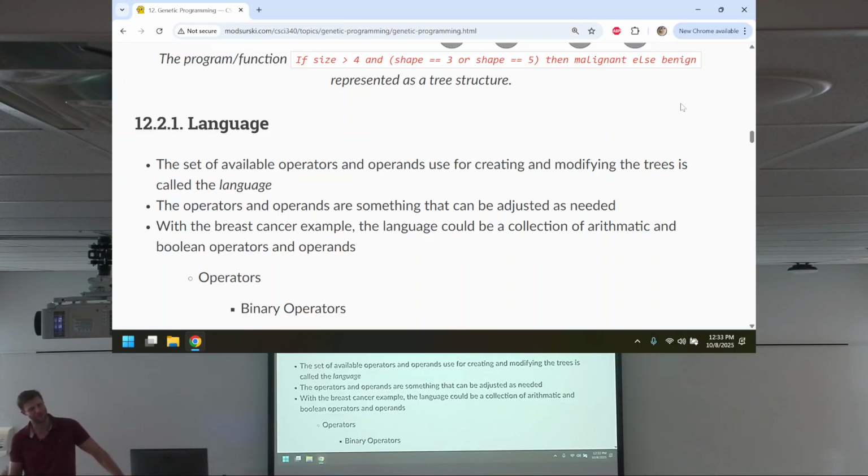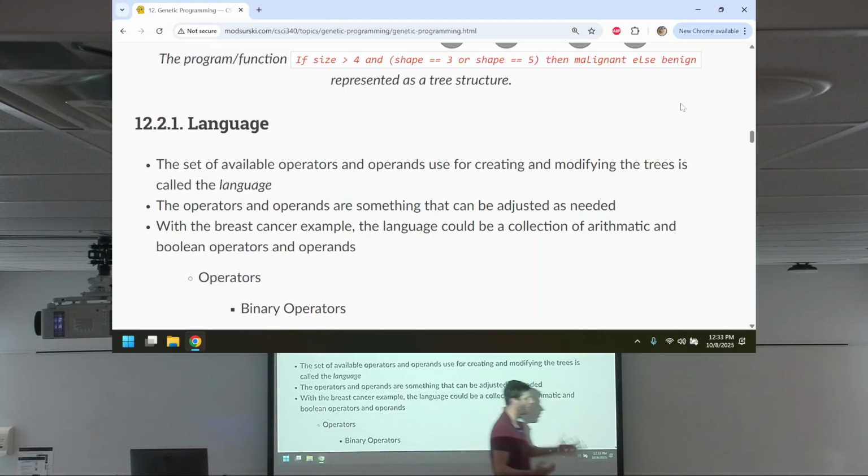Last time we ended with talking about the language, right? The language is where we define, okay, we're evolving trees. In a similar way where we define, with the permutation representation, what are the allowable values?